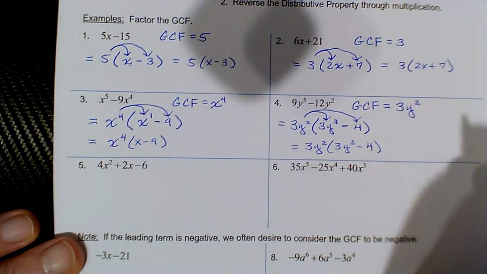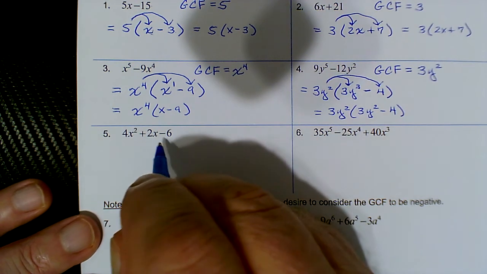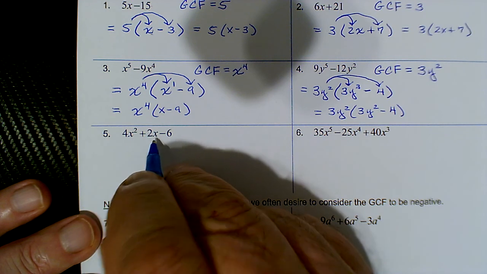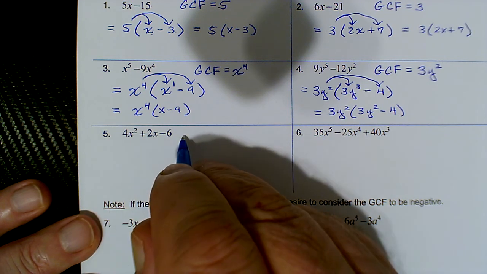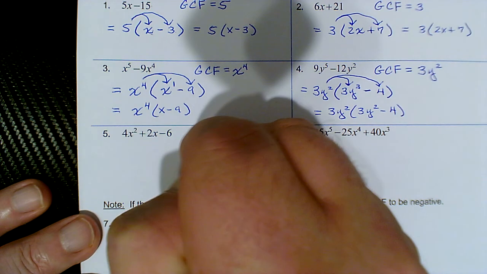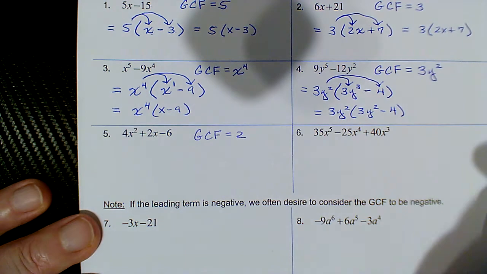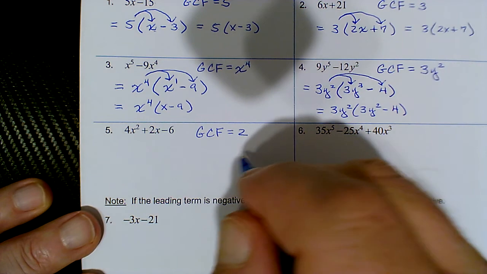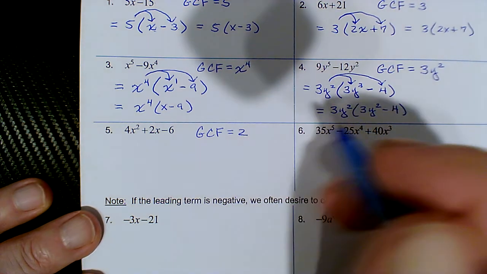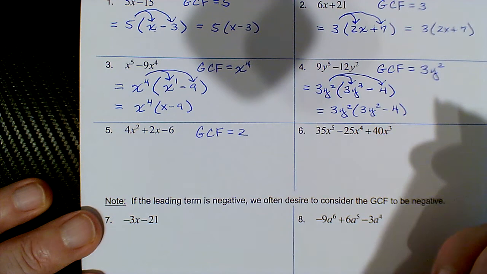Okay, here's a trinomial. But you can see that not every term has an x, so the only thing we look for is the coefficients of the terms, and the greatest common factor is just simply 2. See, it's usually pretty easy. You don't have to go through that process, like I said, of the greatest common factor, because the numbers aren't typically going to be large.